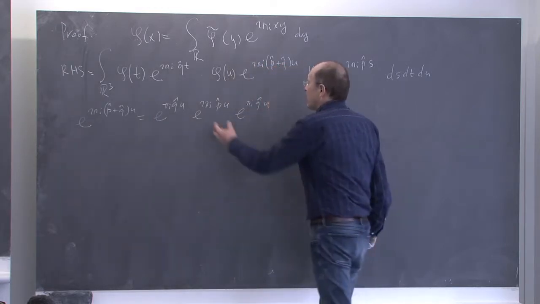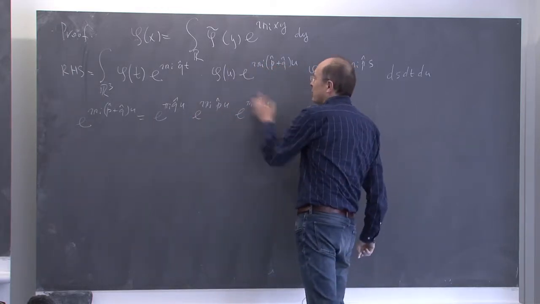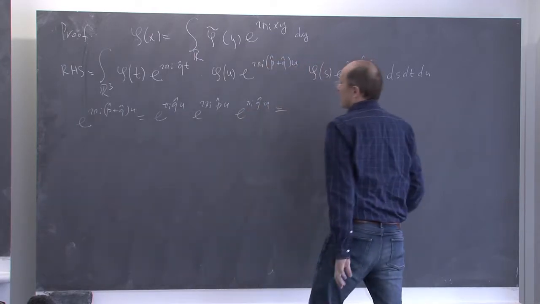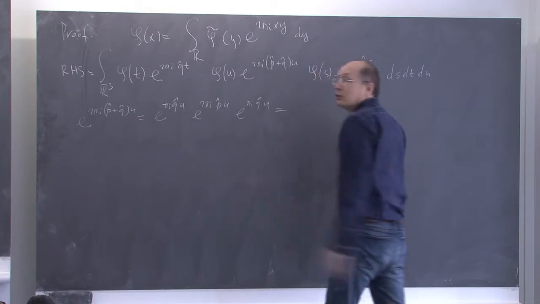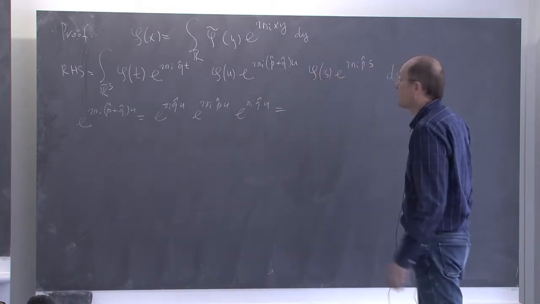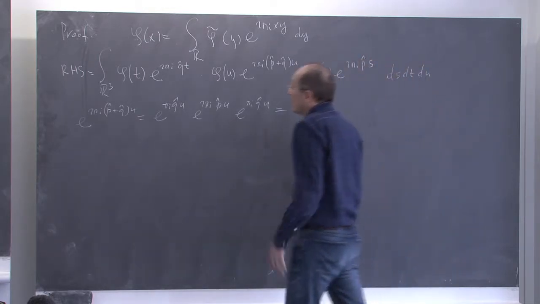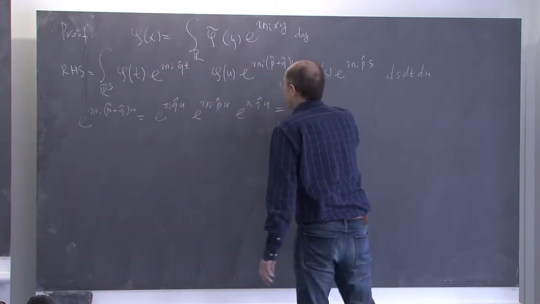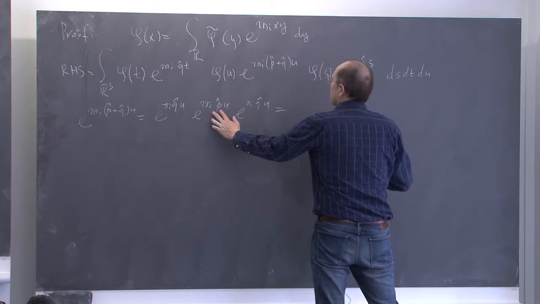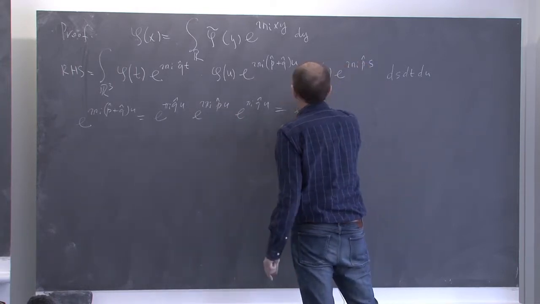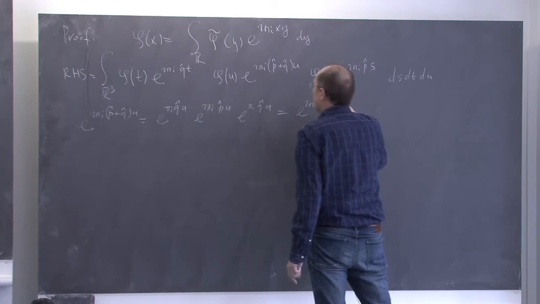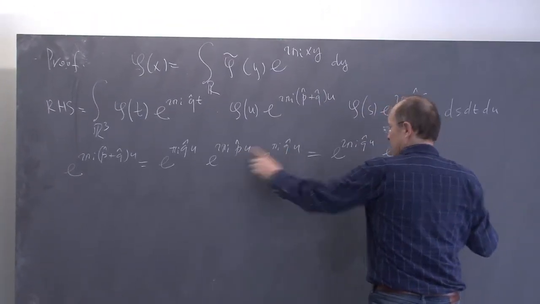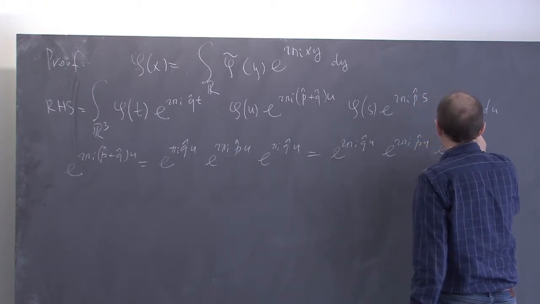And then we can move p hat to the right through this q hat, and then get the formula. But of course, you can do it another way, just by applying the Baker-Campbell-Hausdorff formula directly. Okay, so we commute, we pass this through this, so we get e to the 2 pi i q hat u, e to the 2 pi i p hat u, and what is the correction term? It is e to the pi i u squared.